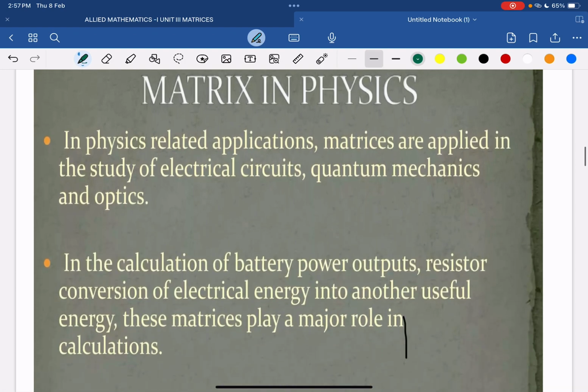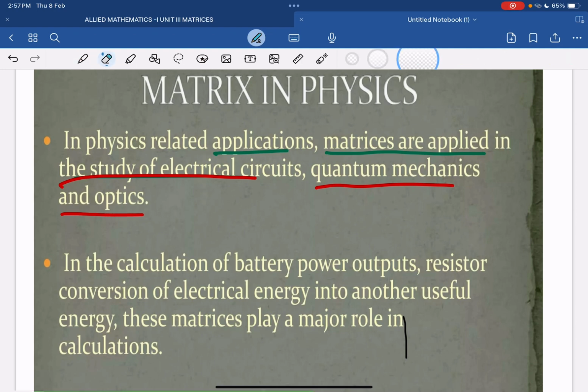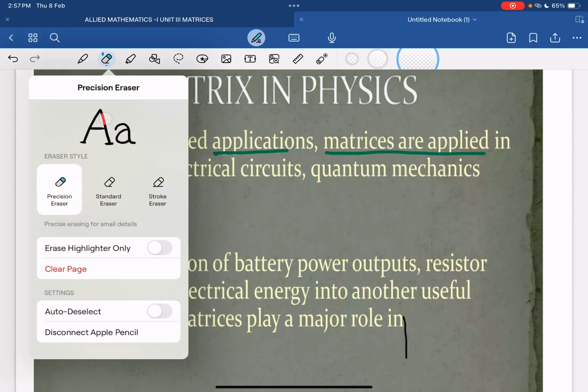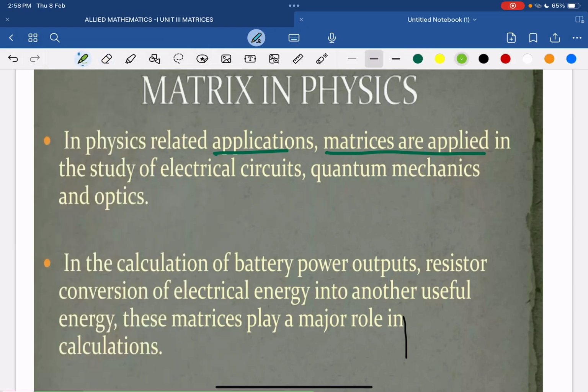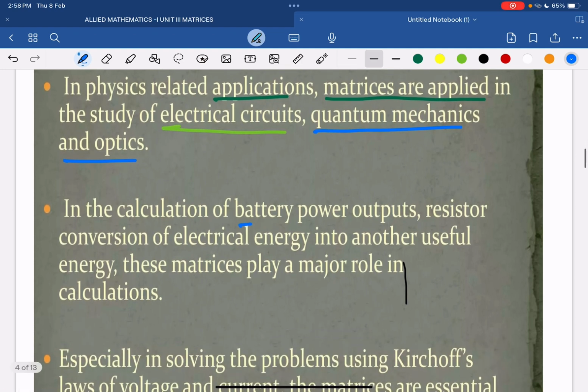Now matrix in physics. In physics related applications, matrices are applied in the study of electrical circuits, quantum mechanics and optics. In the calculation of battery power outputs, resistors, and conversion of electrical energy into other useful energies, matrices play a major role.